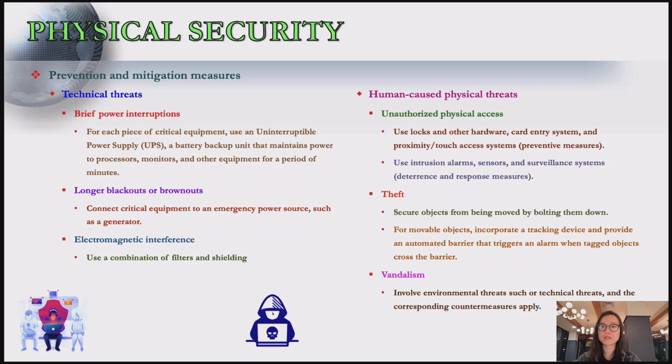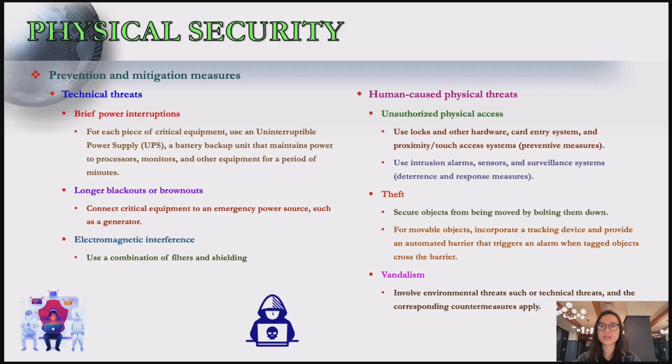For brief power interruptions, an organization should use an uninterruptible power supply (UPS) for each piece of critical equipment. A UPS is a battery backup device that maintains power to processors, monitors, and other equipment for a period of minutes. UPS units often function as surge protectors, power noise filters, and automatic shutdown devices when the battery runs out.